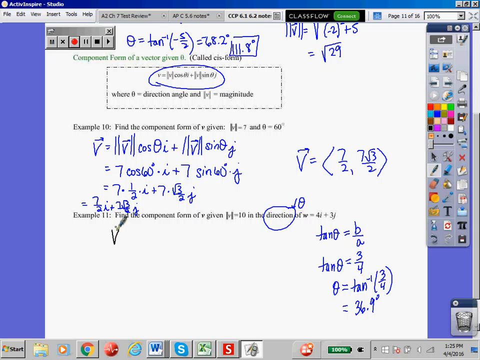So now I can find vector V. This is 10 times the cosine 36.9 degrees times I, plus 10 sine 36.9 degrees J. Go ahead and punch 10 times cosine 36.9 into the calculator.